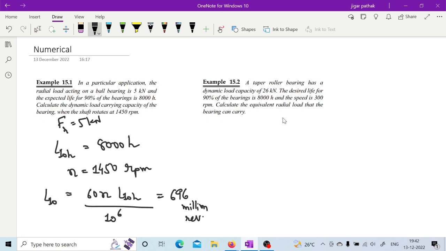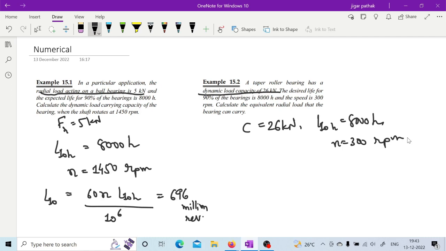Here the dynamic load capacity is given, so C is equal to 26 kilonewton. Then L10H is again 8000 hours, and n is 300 rpm.